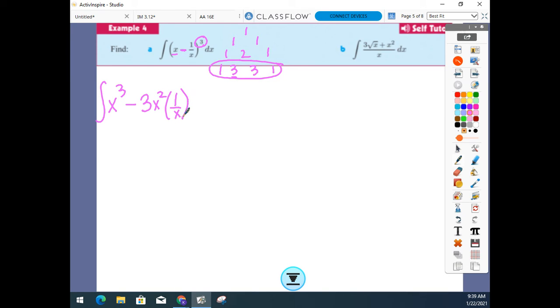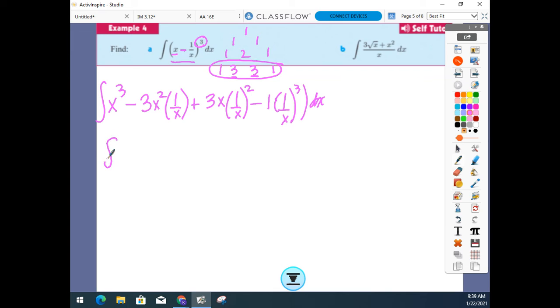And then we start raising the second part up. Plus, next coefficient, the x goes down, the 1 over x goes up, minus 1 times 1 over x to the third. All right, so this is using Pascal's triangle to expand this to the third power.